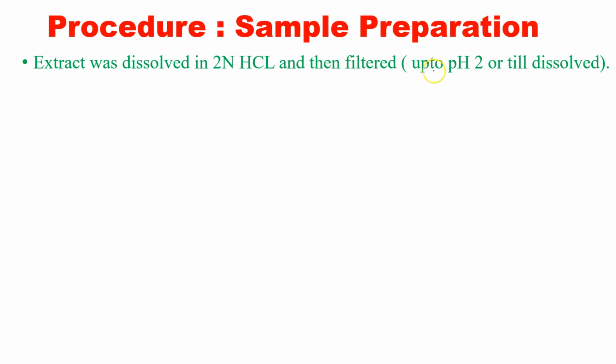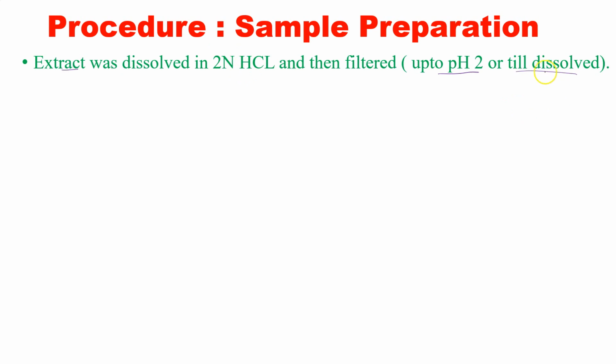In one research paper, I have found that we need to add the 2 normal HCl up to pH 2, or in some research papers it has been said to add till dissolved. Nowhere in the procedure has it been given how many ml of 2 normal HCl is to be added.